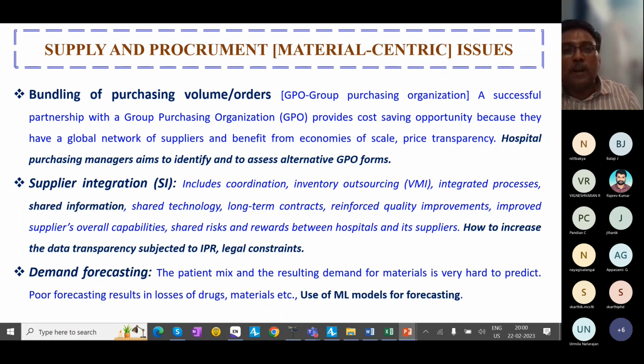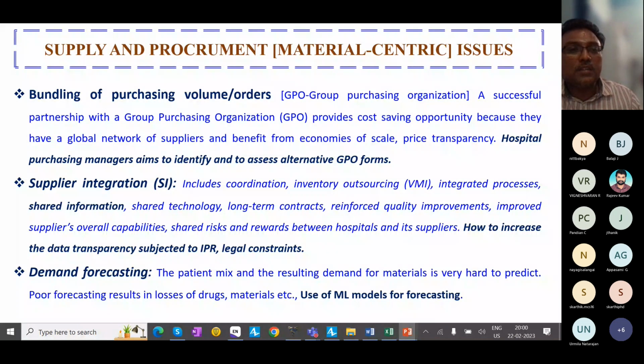Especially this will help the purchase manager to identify the different alternatives. You see, in a hospital, how many items will be there, critical, non-critical. So if you just work on sourcing policy, how much to order, which supplier to order from, when to order, this itself can be a great problem to solve.